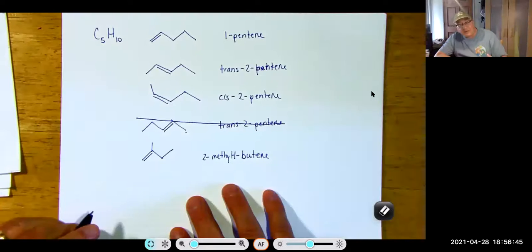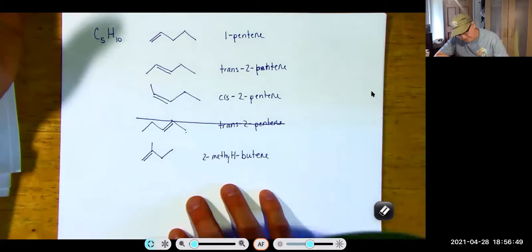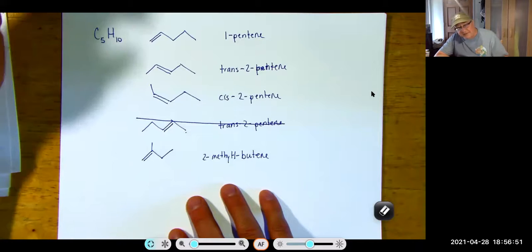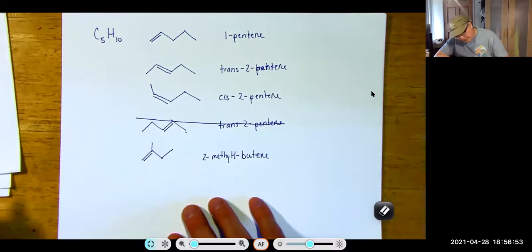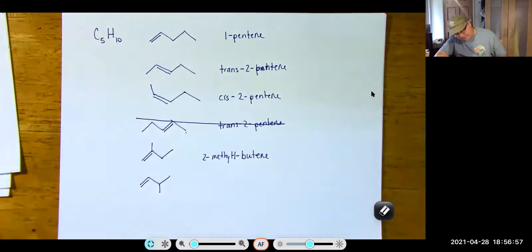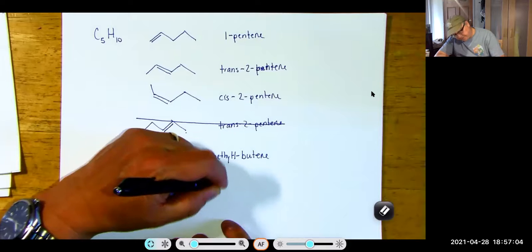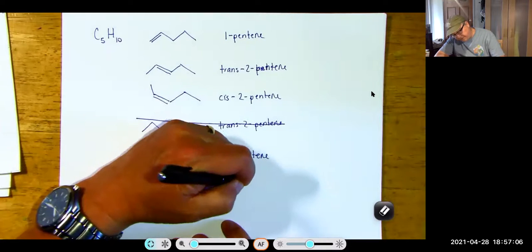Well, remember with butane, we didn't bother telling people that the methyl was on the second carbon. But for this one, we do have to tell people that it's on the second carbon. And it's because of this. What would we call that? 3-methyl-1-butene.